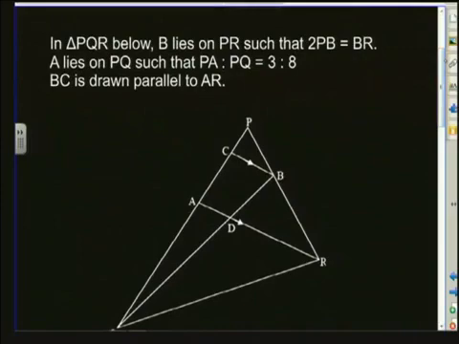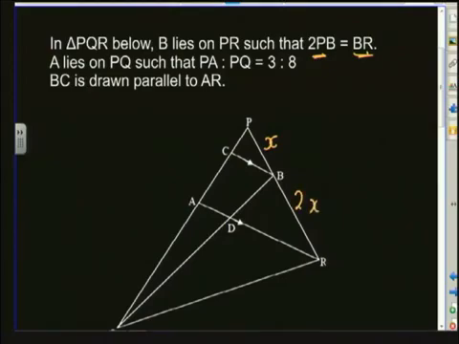So this is question 2. You are given a diagram triangle PQR, and you are told that B lies on PR such that 2 times PB is equal to BR. So what that means, 2BP is equal to BR. So for example, if PB was x, then using your ratios, BR would be 2x.